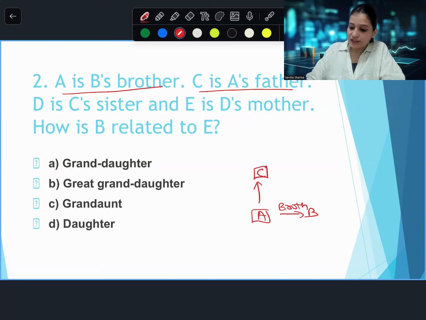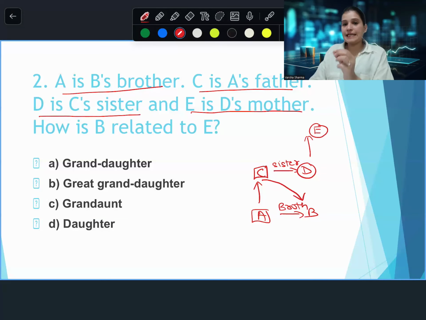If C is A's father, C will also be the father of B. D is C's sister. And E is D's mother. So if E is the mother of D, E will also be the mother of C. Yes or no, guys?